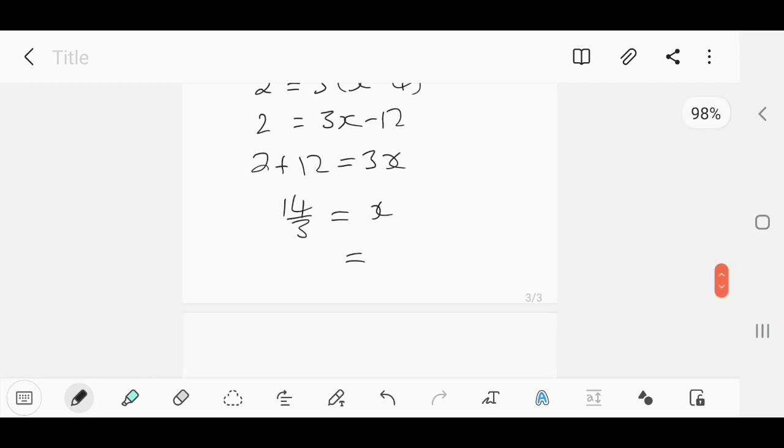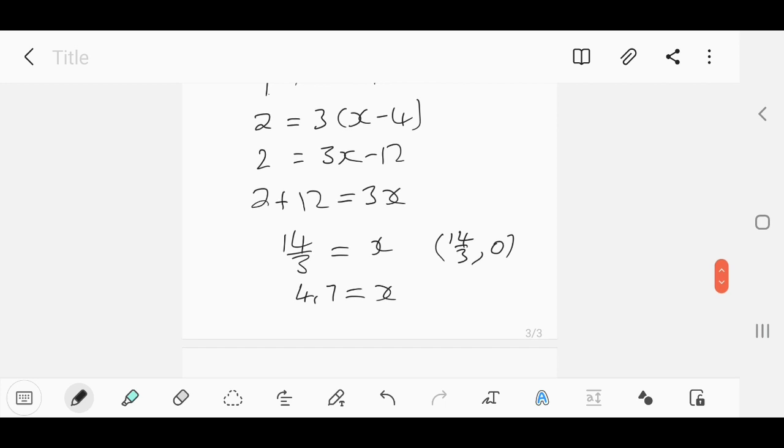So x is 14 over 3, which is 4.67. So in coordinates, when x is 14 over 3, y is 0. So that is our x-intercept.